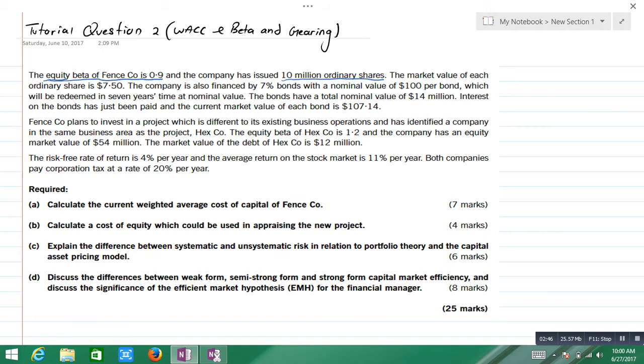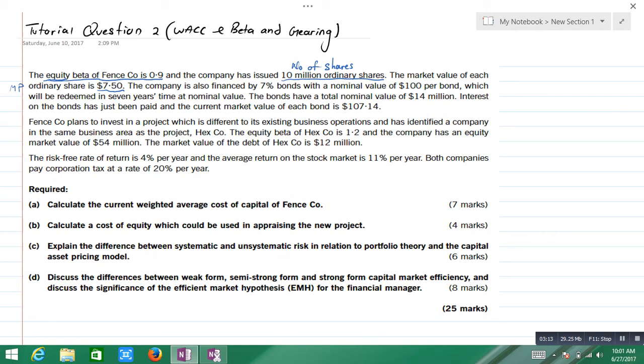Remember, this is your number of shares. The market value of each ordinary share is 7.5. So that's your market price, in other words. Don't get confused with the market value. This is not the total, this is the price, the market price.